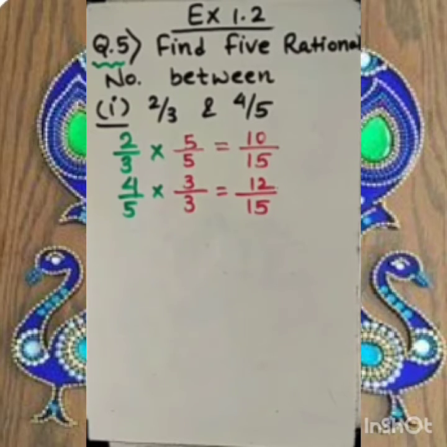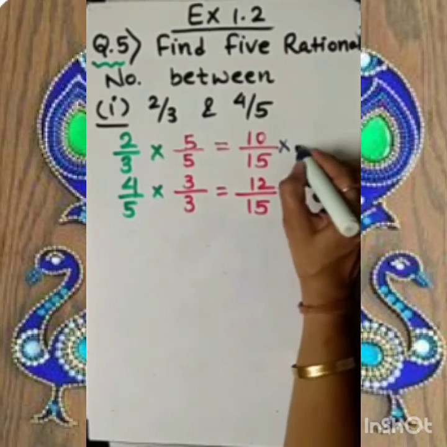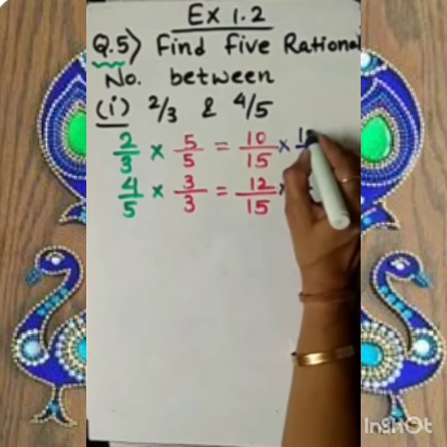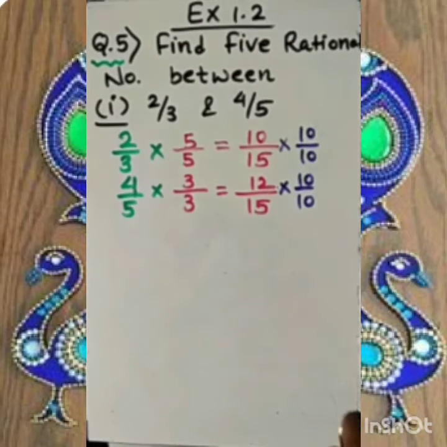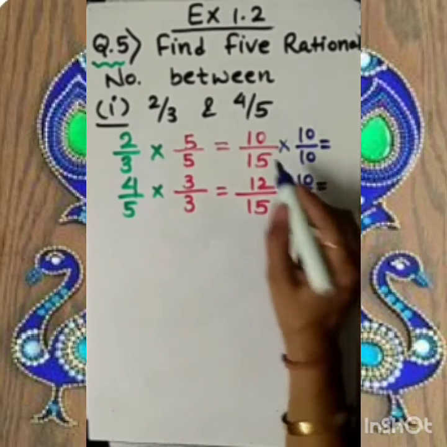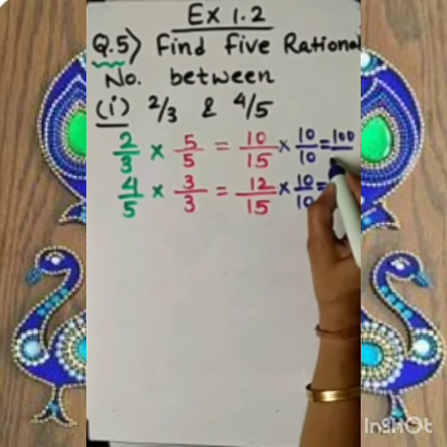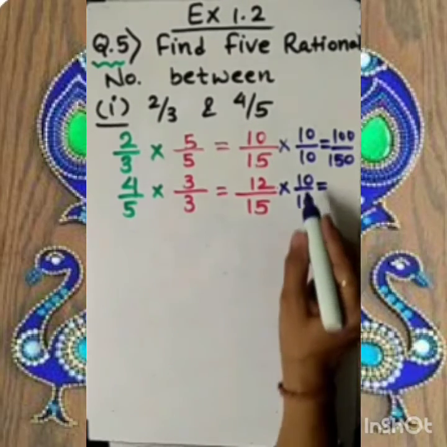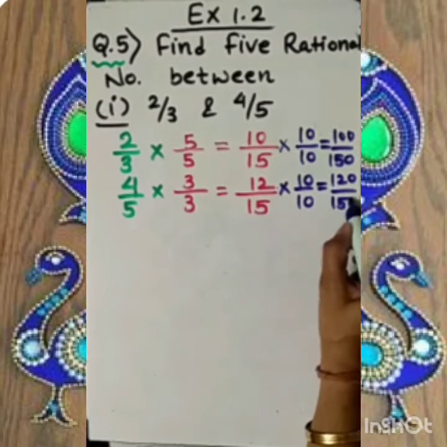Then how to go with the 5 rational numbers? So my dear student, in that case, as I told you, we do the chaddar badi, it means we multiply and divide the numerator and denominator by 10. So what will be the number? 10 into 10, 100. 15 into 10, 150. 12 into 10, 120.